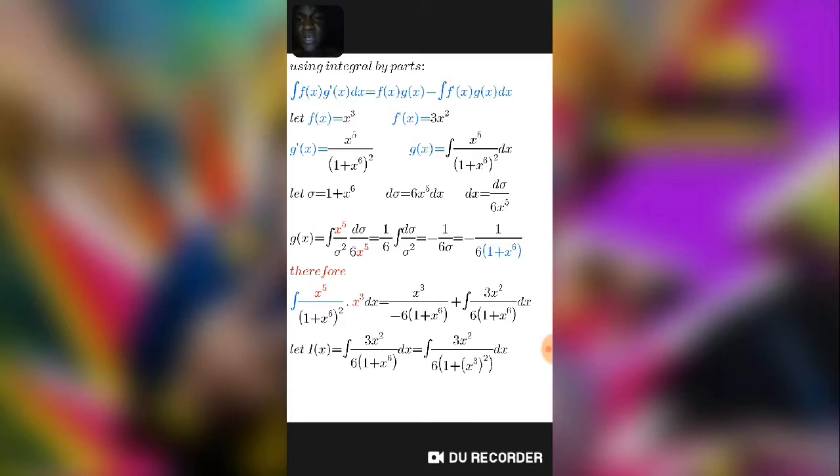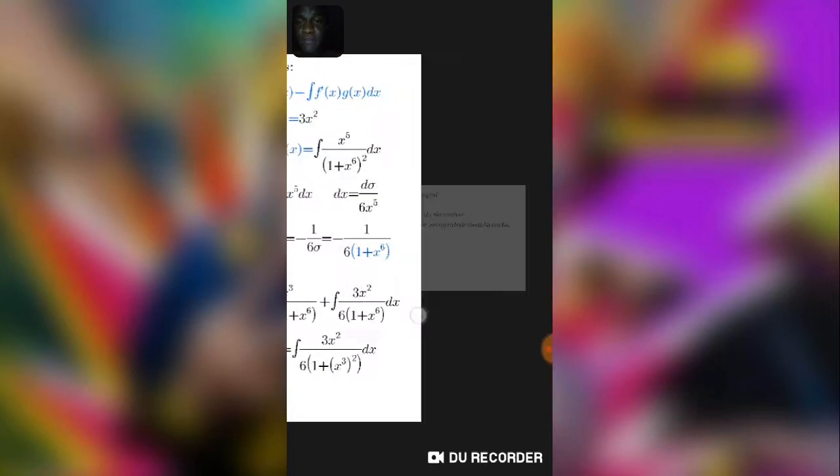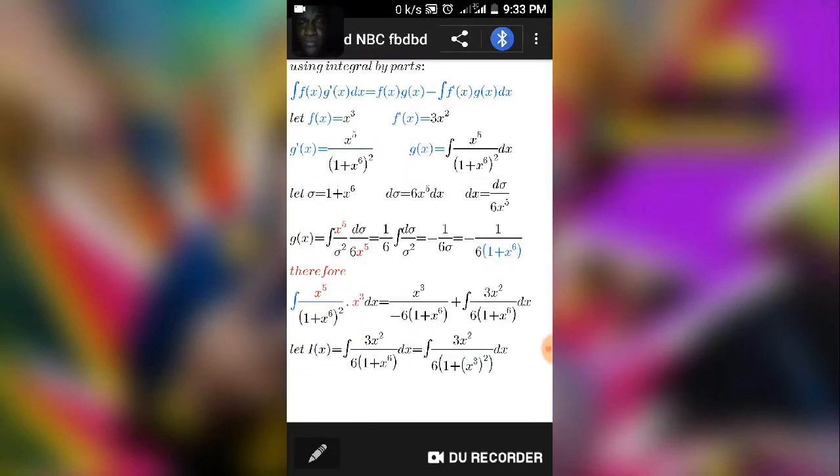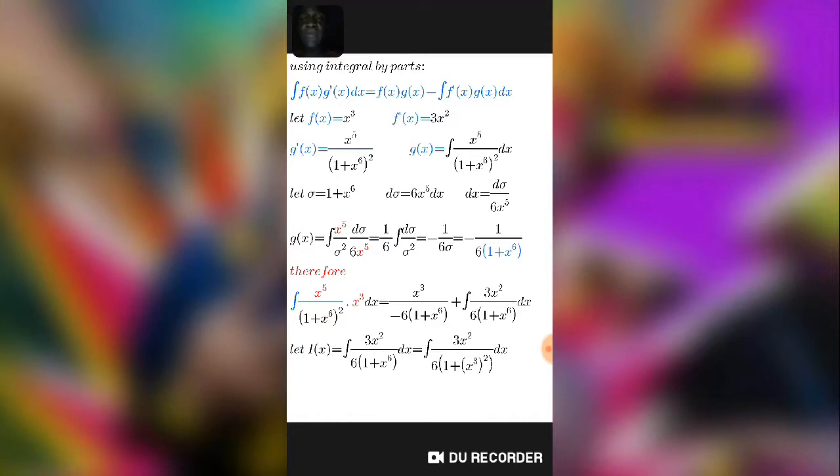So we let our f(x) equal x cubed, and we differentiate that, so f'(x) is just 3x squared. We let our g'(x) equal x to the power 5 over (1 plus x to the power 6) all squared. To find g(x), we take the integral of both sides.